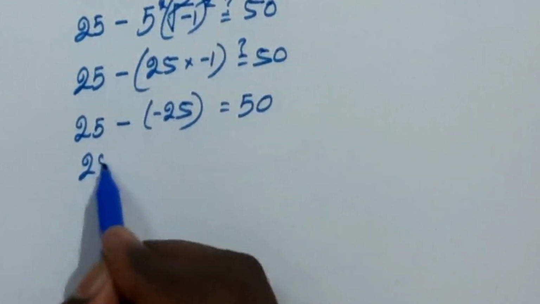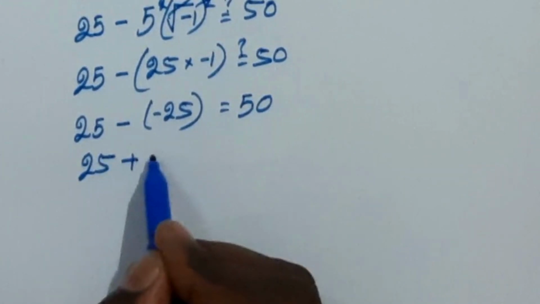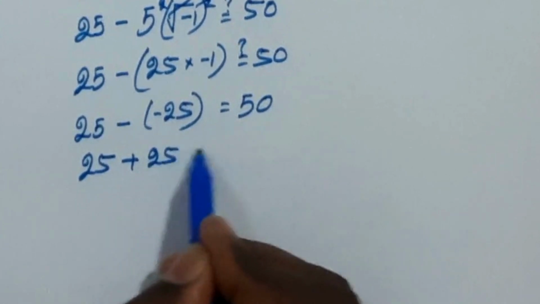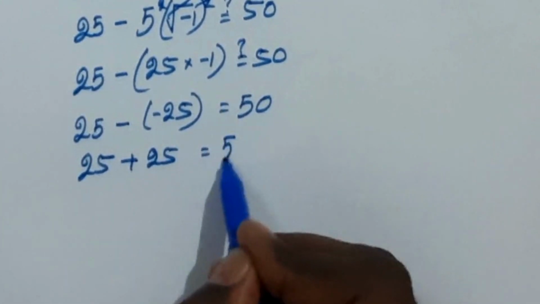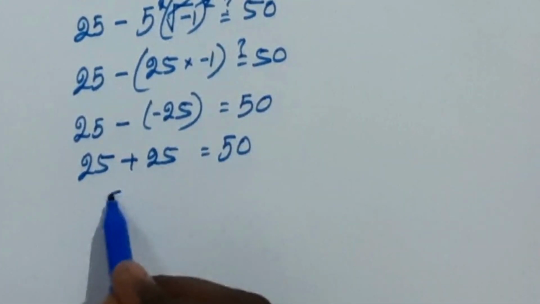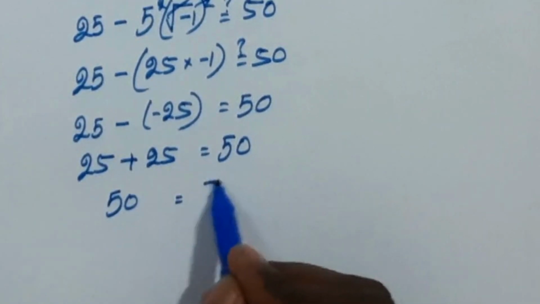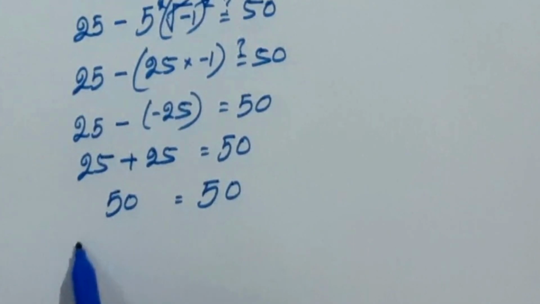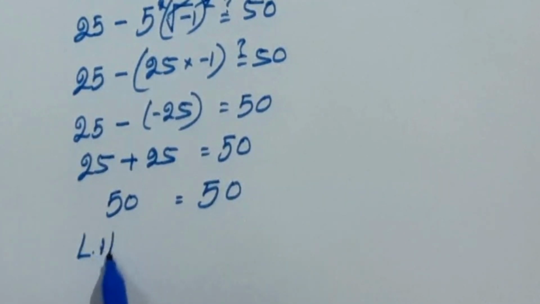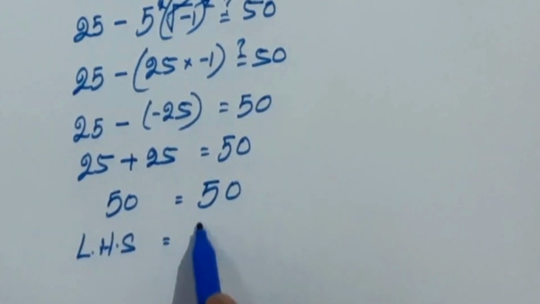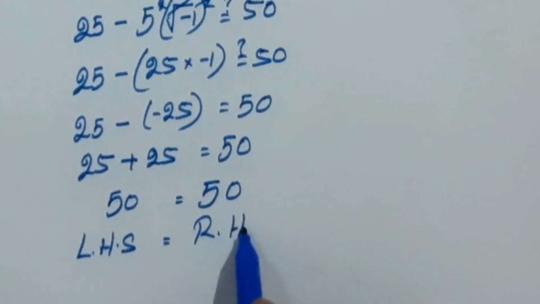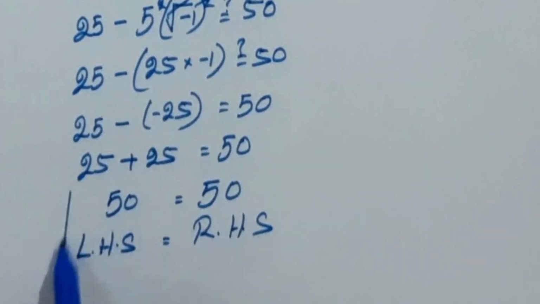Now 25 plus 25 equal to 50. 50 equal to 50. So LHS equal to RHS. That's verified.